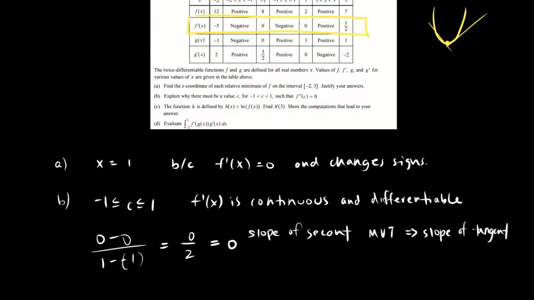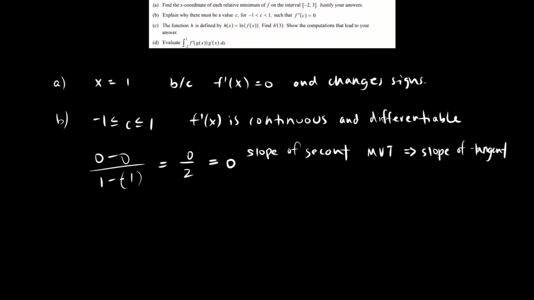Part C reads, the function h is defined by h of x equals the natural logarithm of f of x, and it asks us to find h prime of 3. So we know that the derivative of a natural logarithm is 1 over the quantity.